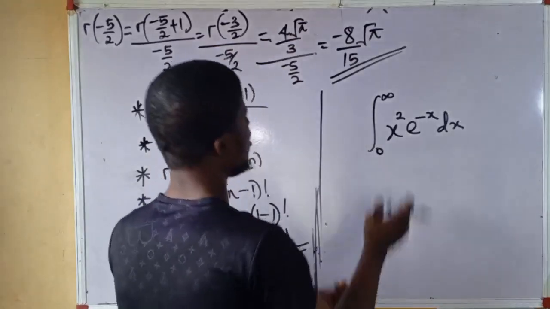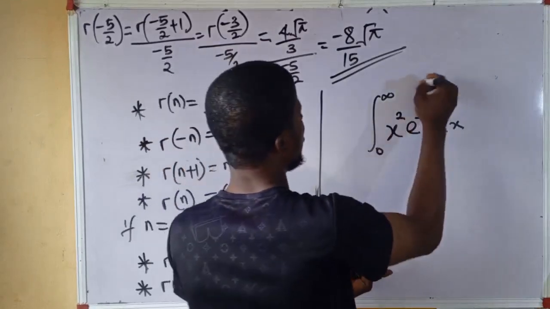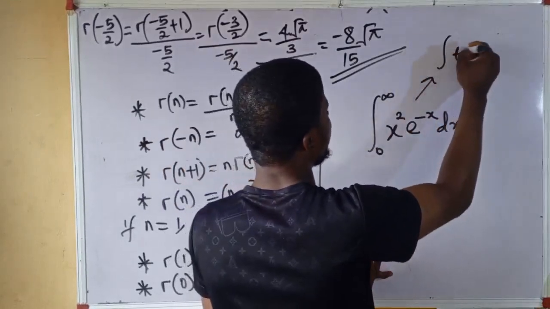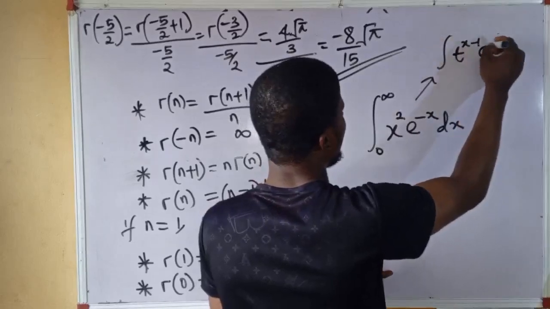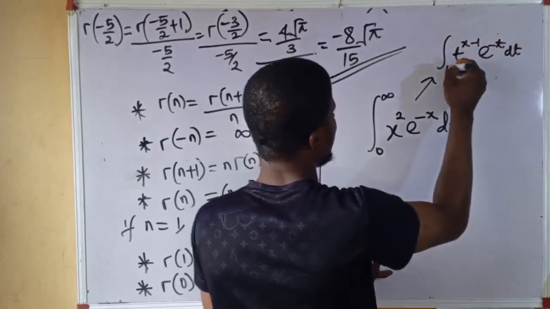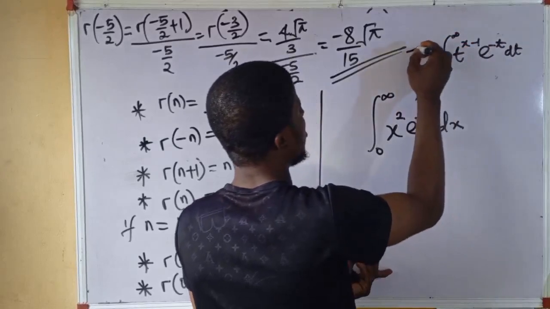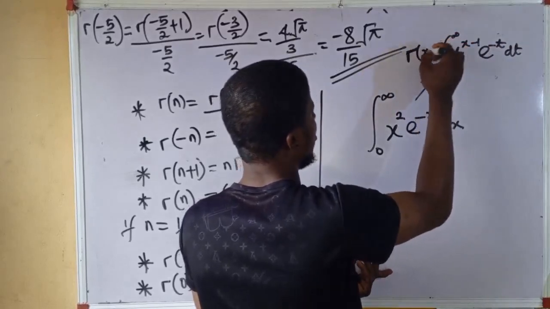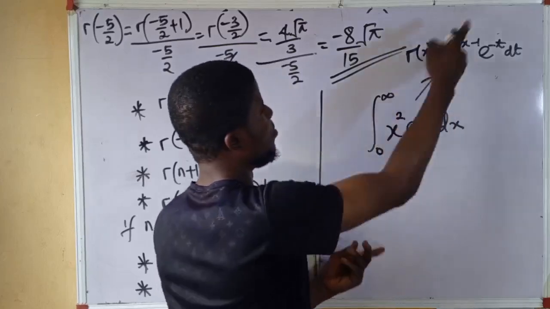So if you compare the general form with the integral of t to the power of x minus 1 e to the power of minus t dt from 0 to infinity, we say this is gamma of what? X, right? So compare.